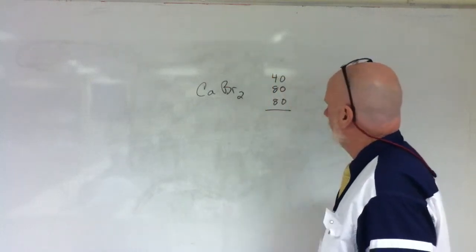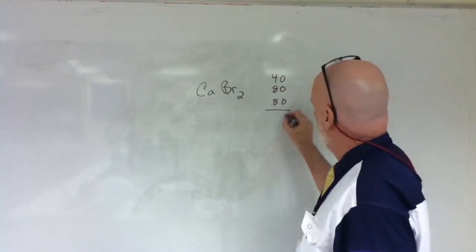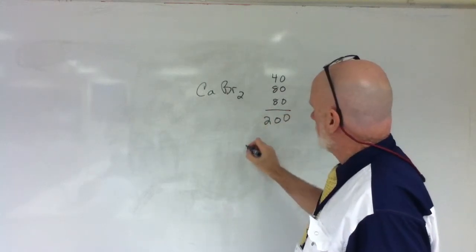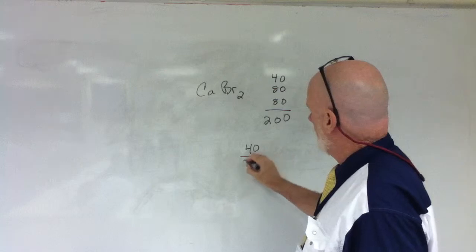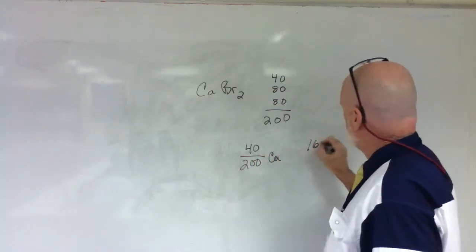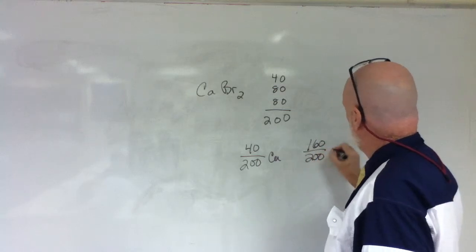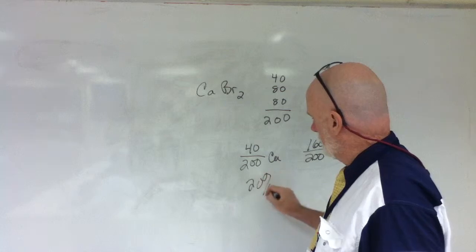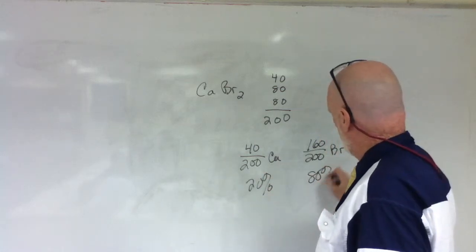So what does that equal? 200. So 40 divided by 200, that'll be the calcium, and 160 divided by 200, that'll be the bromine. So this is going to be 20%, and this will be 80%.